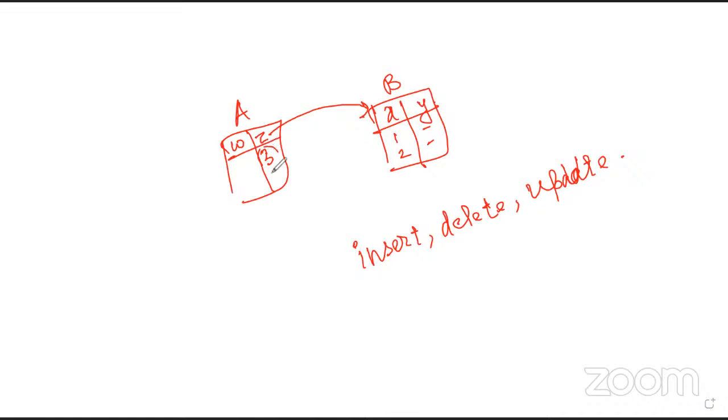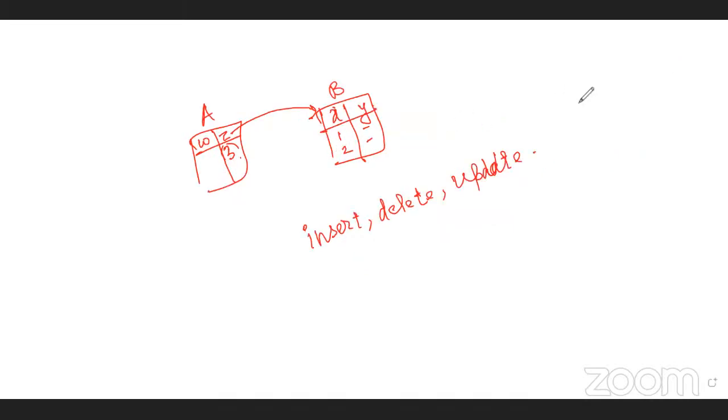If you want to insert a value that is not present in table B's X, the trigger will automatically invoke. So that means the SQL statement that is automatically invoked when any event occurred is known as the trigger. Okay, so you can define the trigger. Is the trigger clear to you?